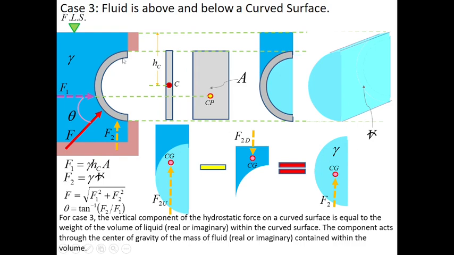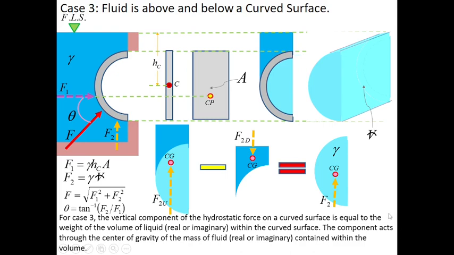So, within the curved surface, sa loob ng curved surface. The component acts through the center of gravity of the mass of fluid, real or imaginary. So, yung component na to na F2 acts at the center of gravity of the mass of fluid. Pwedeng real, pwedeng imaginary, pero sa case na to, imaginary.